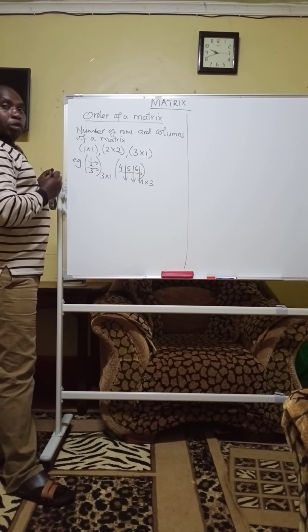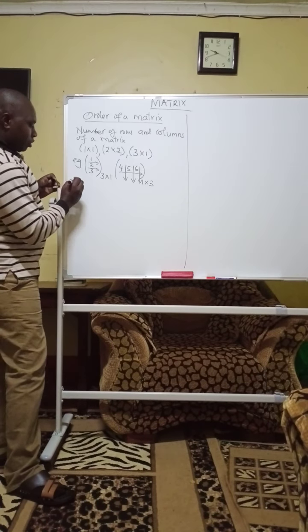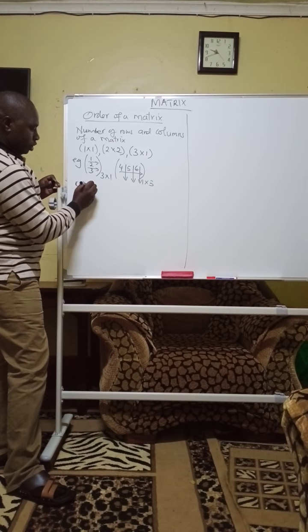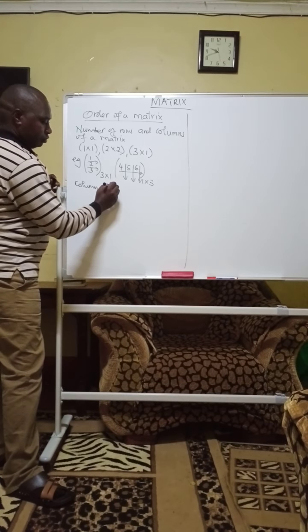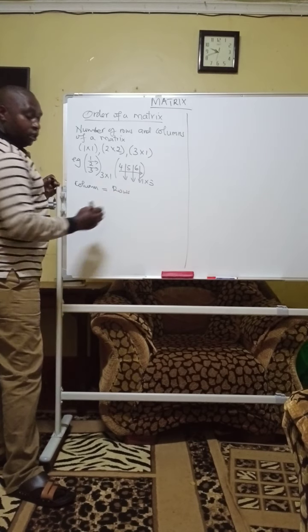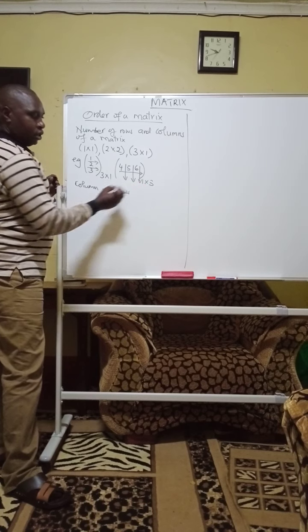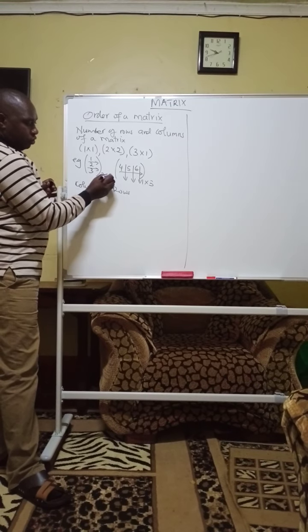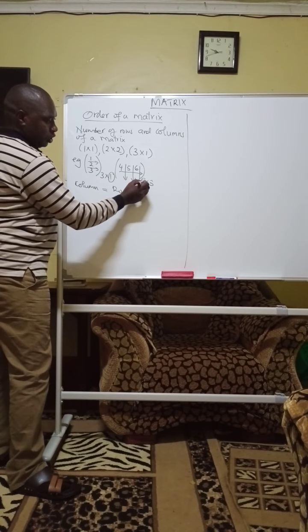Now, for multiplication to be effective, the number of columns in the first matrix should be equal to the number of rows in the second matrix. And you can check here that the number of columns is basically 1 column, and the number of rows here is actually 1.